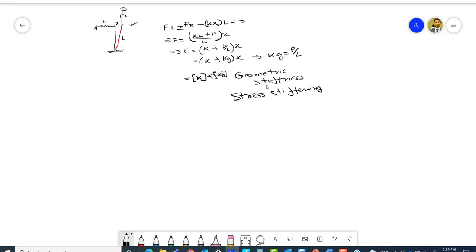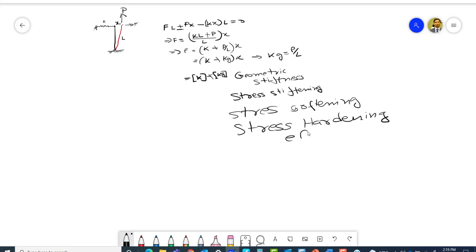Okay, so it can be bifurcated as a stress softening or stress hardening effect. So when there is a tension, it would be like stress hardening, and when it is under compression, it will provide the stress softening effect.